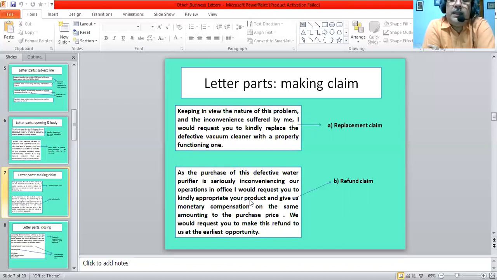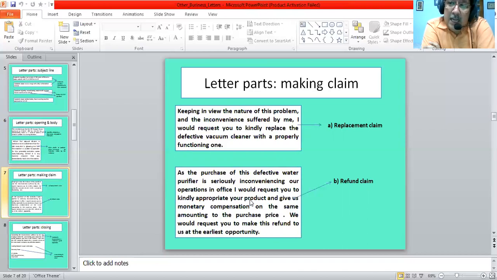So the writer of this letter is asking for a financial compensation, monetary compensation amounting to the purchase price. Or in other words, to take back the product and to refund the purchase price back to this customer, or rather the organization which has purchased this product. So we would request you to make this refund to us at the earliest opportunity. So asking for a refund.